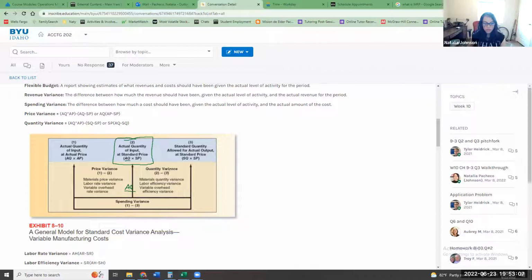So for the quantity variance, you use the used, and for the price variance, you use the purchased. And it kind of makes sense because purchased is price, and used is quantity. Okay, sounds good. Thank you.